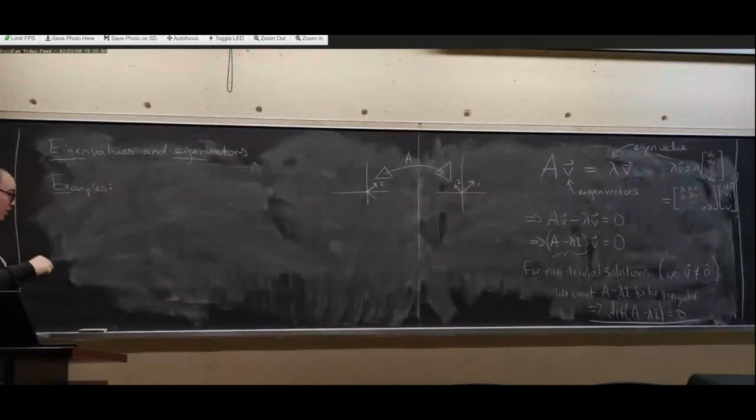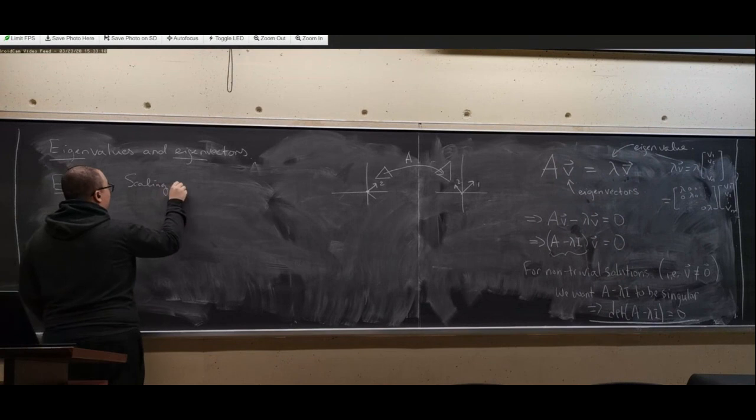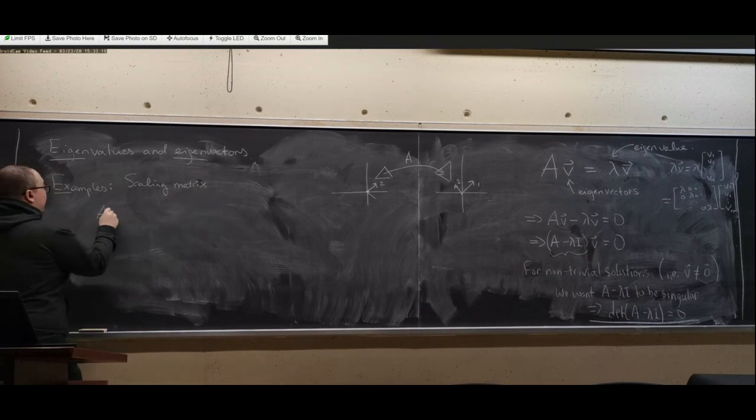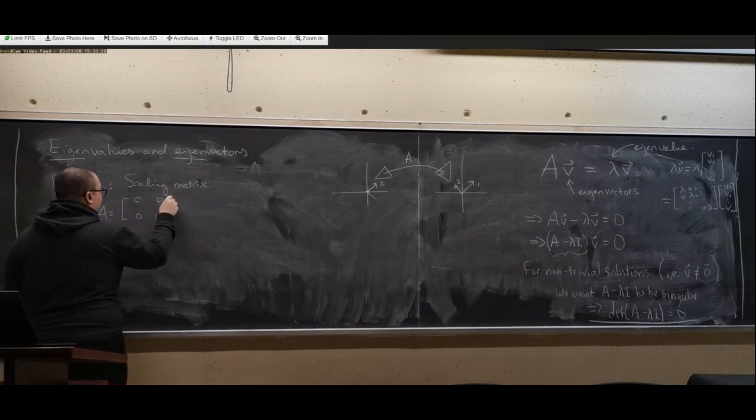Okay. So the first one is the scaling matrix. All right, so A equals some C 0, 0, C, so let's say in R2.